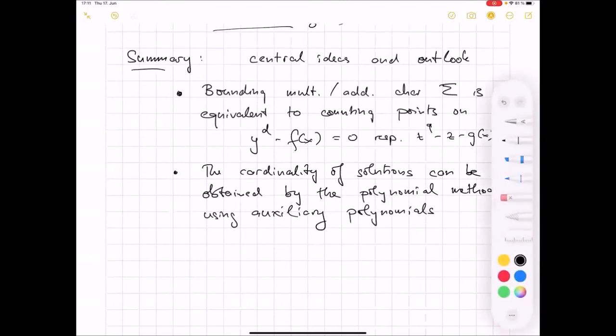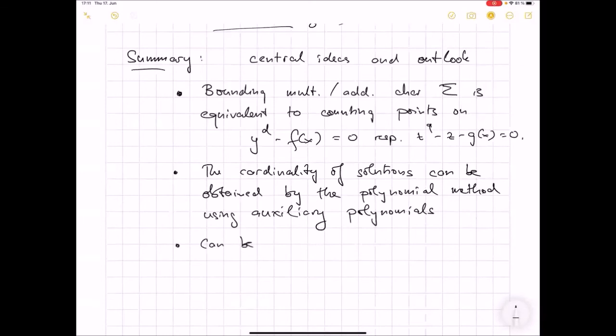And here we can be sloppy in auxiliary parameters, and bootstrap by passing to extension fields.